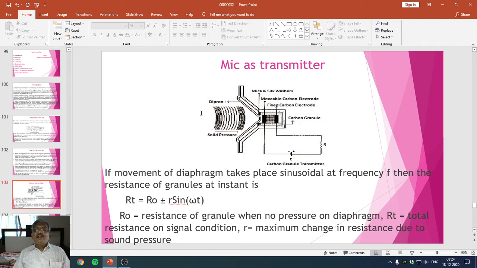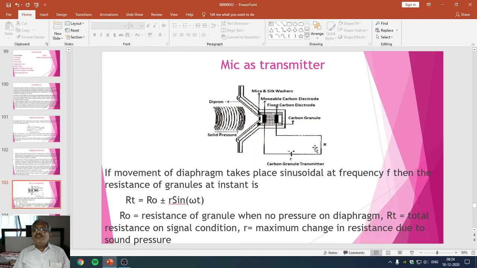This applied acoustic sound, due to the motion of the diaphragm and the movable electrode, changes the resistance of the carbon granule. At the cost of that, as we have already supplied the EMF DC supply between the fixed and movable electrode, this will generate the electrical current that passes through the load resistance.